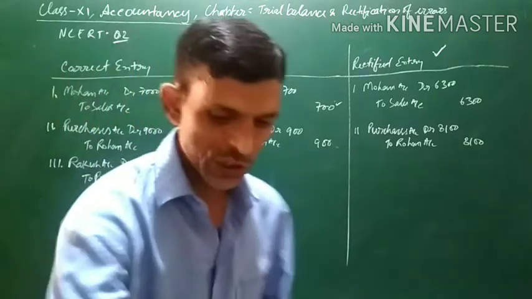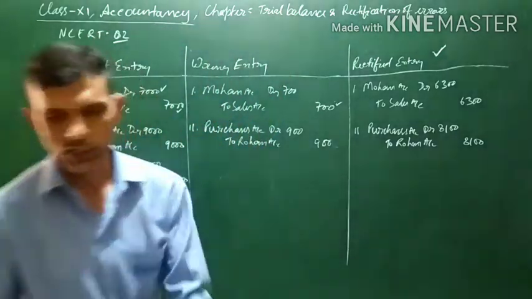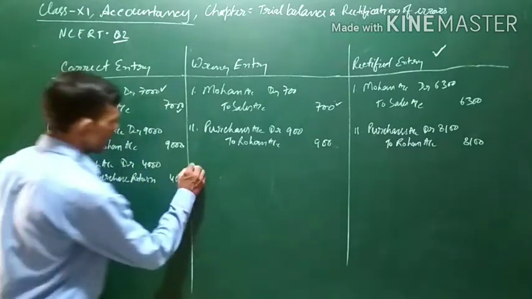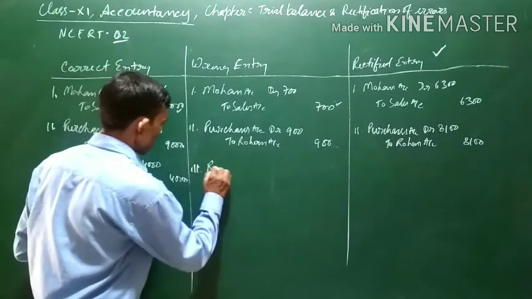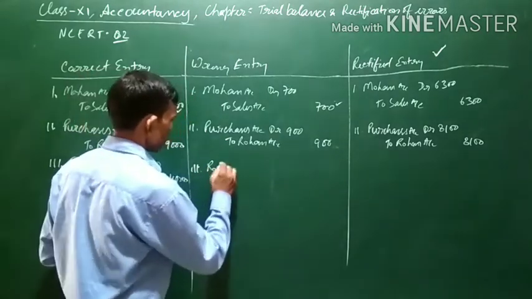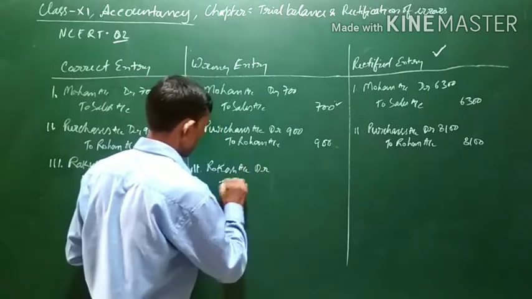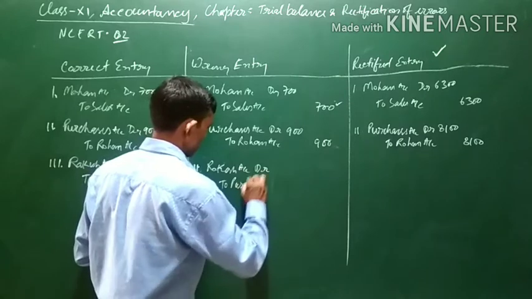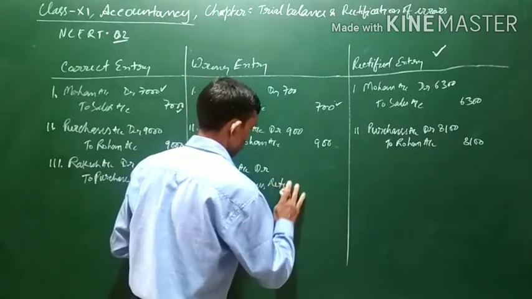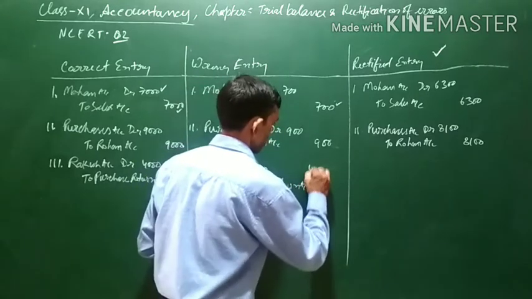Now goods returned to Rakesh, 4,000, were recorded as 400. This was recorded as 400 only. So the wrong entry is what? Rakesh account debit to purchase return account, 400.